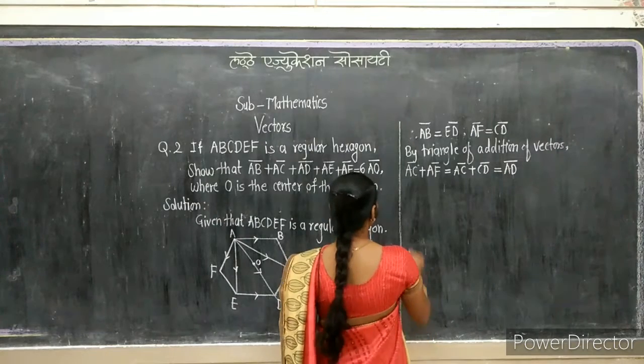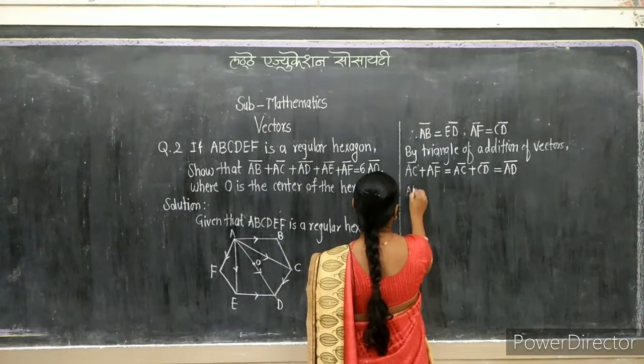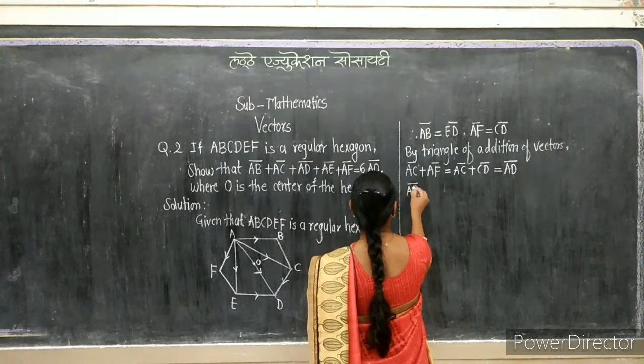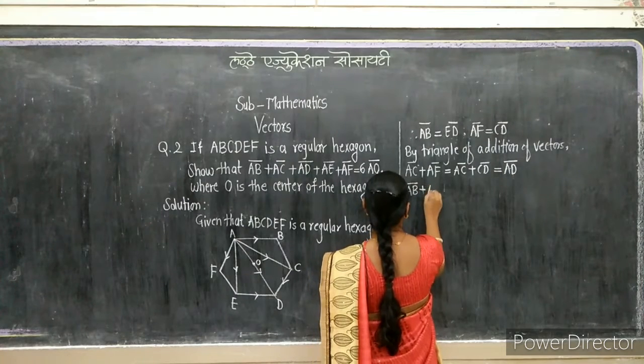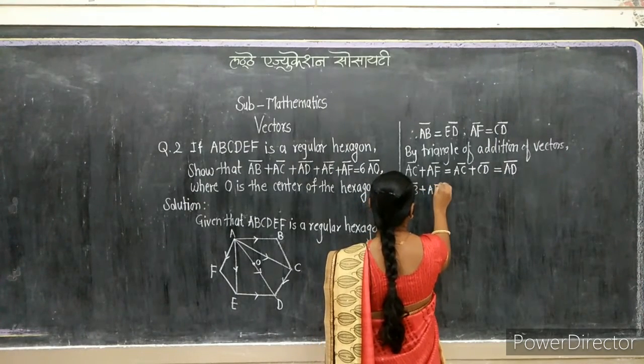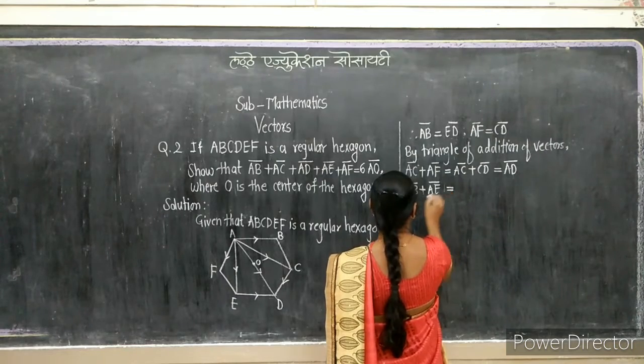Next, second, AB bar plus AE bar is equal to.